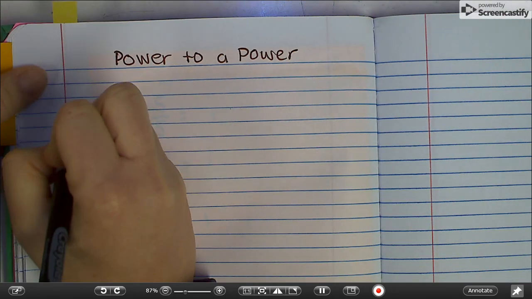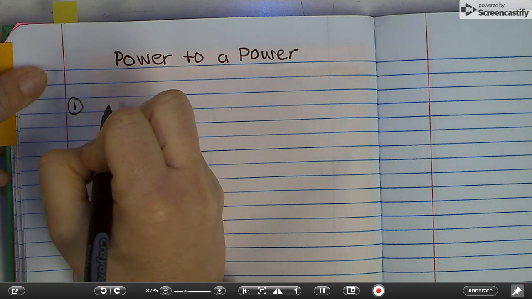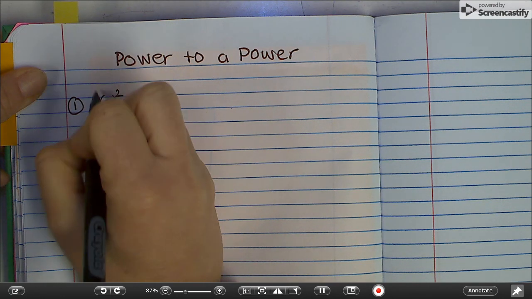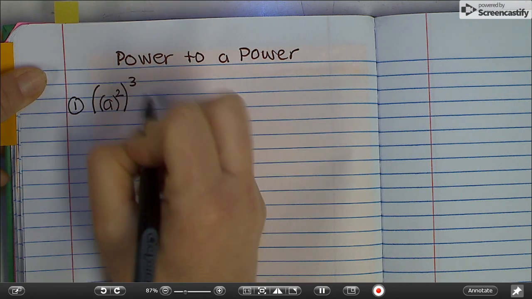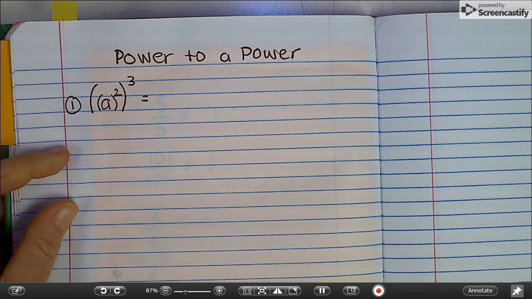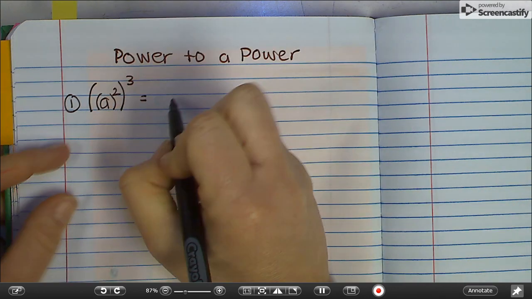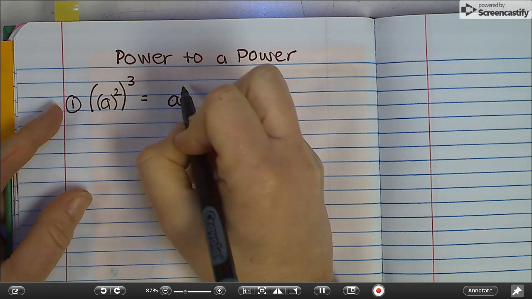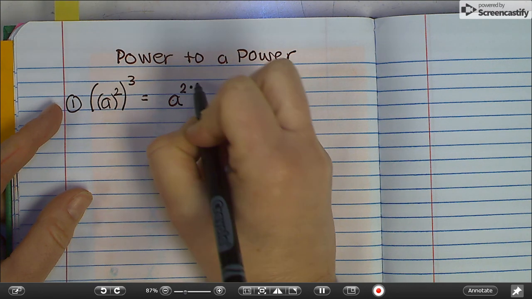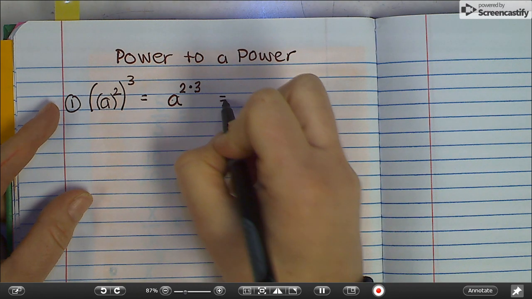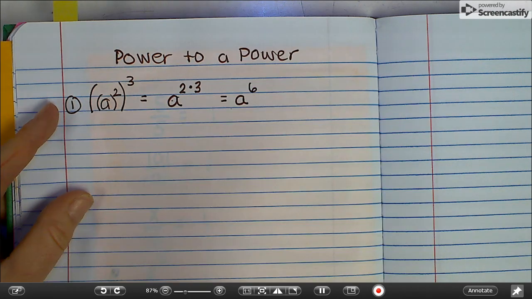So example number 1. We have a squared and then that whole thing to the third power. So you're going to do a to the 2 and multiply the exponents. 2 times 3. So the answer is a to the 6th power.